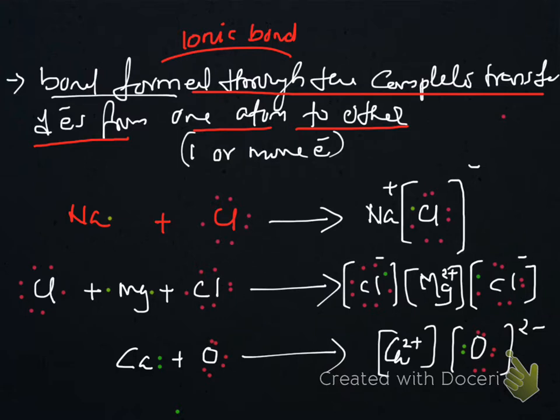For example, sodium. The configuration is 2, 8, 1, so the valence electron is 1 in number. That electron is shown in green color. Chlorine configuration is 2, 8, 7, with 7 electrons in the valence shell.